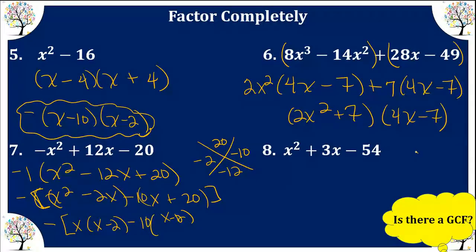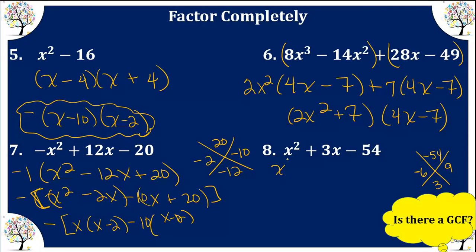And our last one. There's no GCF because our A is 1. We have negative 54. And we have 3. So 6 and 9 multiplied gives us 54, but we need a positive 3, so I'm going to make the 6 negative.